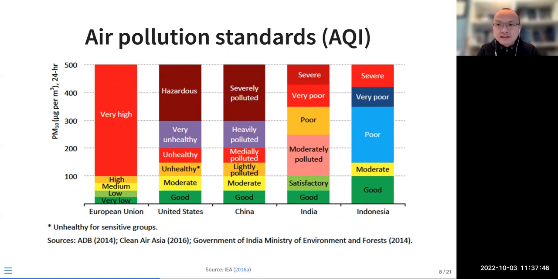The WHO recommends 20 to 25 micrograms per cubic meter, and that's the same as healthy. That's no impact, and if it's larger than 100, then it becomes unhealthy and polluted in most parts of the world.